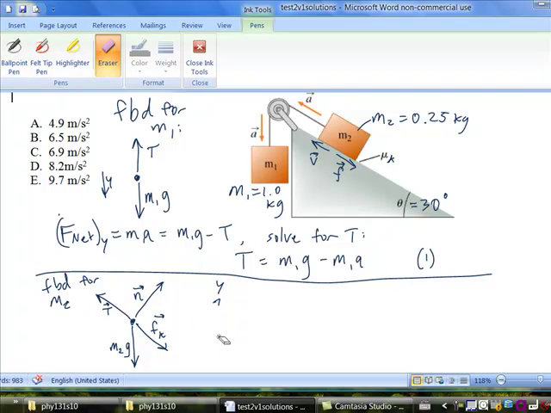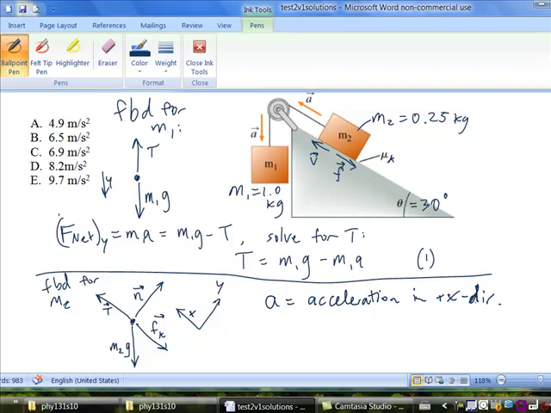I want the acceleration in the x direction to be the same as the downward acceleration for m1. So I'm going to choose x to actually be up the plane, so that A is acceleration in the plus x direction from the way I've set this up.